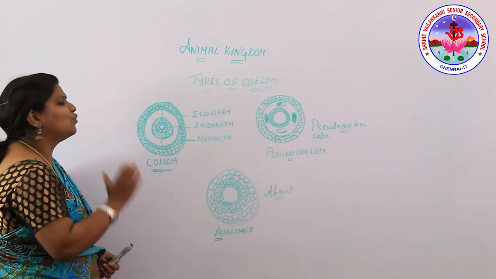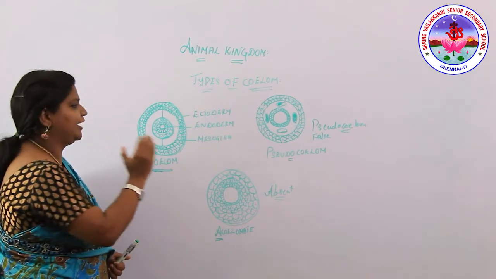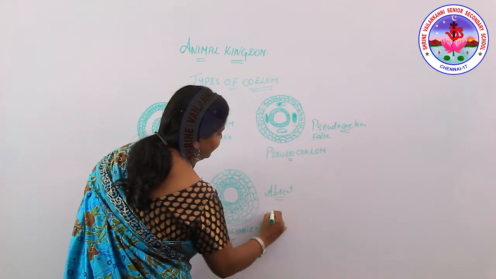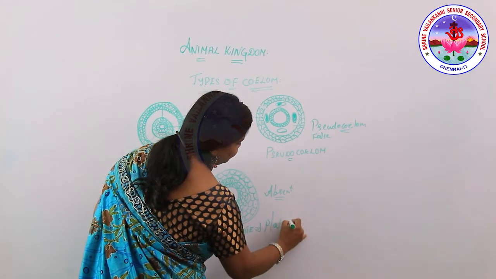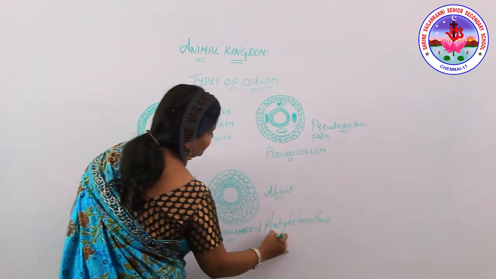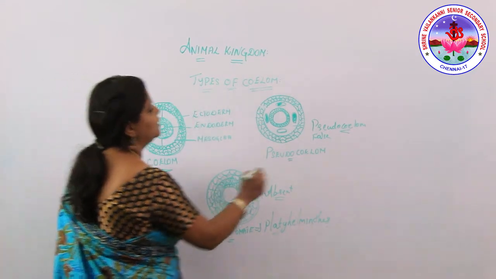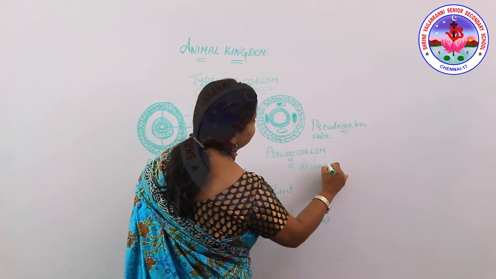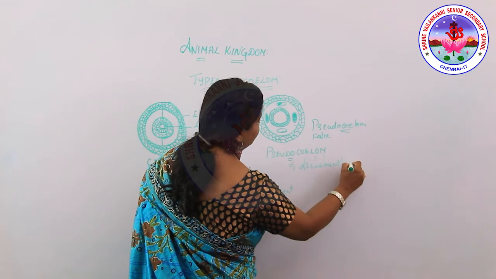What are the examples? Which phyla come under these? Acoelomate is phylum Platyhelminthes, that is the flatworms. Pseudocoelomate example is Aschelminthes, the roundworms.